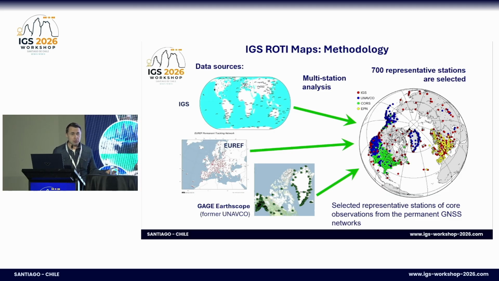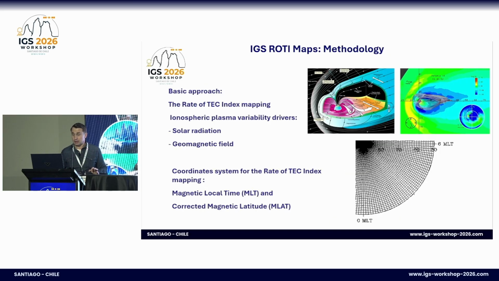We have a lot of GNSS users here, and a lot of GNSS stations which can give us data for our analysis. For the core product, we selected 700 representative stations in the northern hemisphere, with mainly equal distances between them.